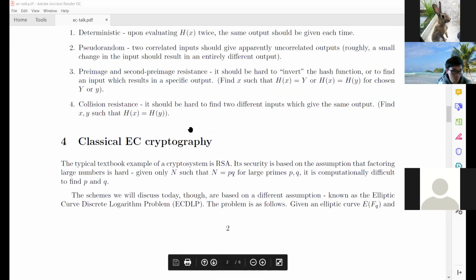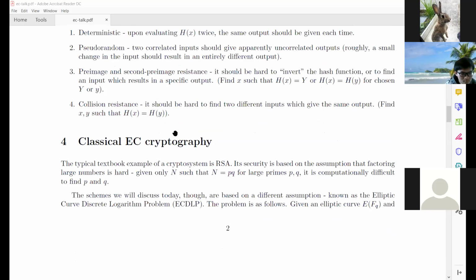Now I'll come to what I've called classical elliptic curve cryptography here, because a lot of what Stephen's research group do now is what's known as post-quantum cryptography. So this is cryptographic schemes which, even if an attacker had a quantum computer, there's still no known way that they could break the scheme, for example, find the secret key.